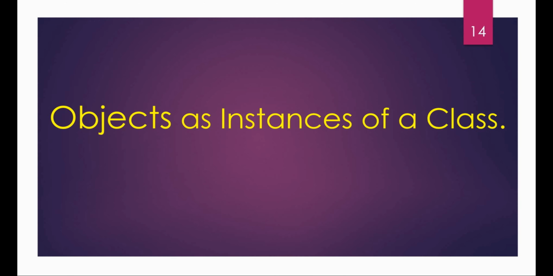So for example, you and I have 46 chromosomes, 4 limbs, 2 eyes, and so forth. So we follow these requirements, and therefore we are instances or examples of the class humans. So that was an example of this statement, objects as instances of a class.